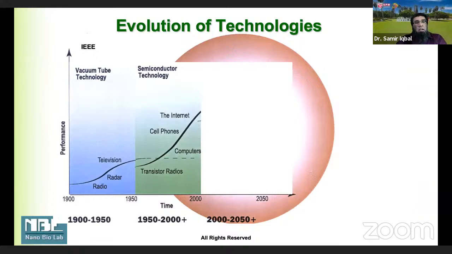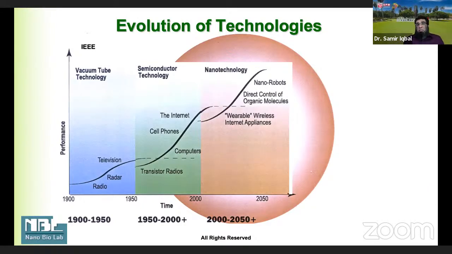And not just that, we got devices that have internet on them, which are connected with the outside world. This picture I got from IEEE Spectrum magazine from a few years ago, and they say the next 50 years, and we are already 21 years into it, will be nanorobots, control of organic molecules, and wearable wireless internet appliances.